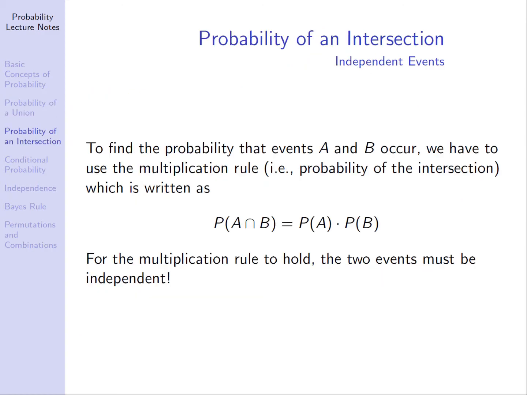To calculate the probability that events A and B occur, you have to use the multiplication rule or the probability of an intersection.